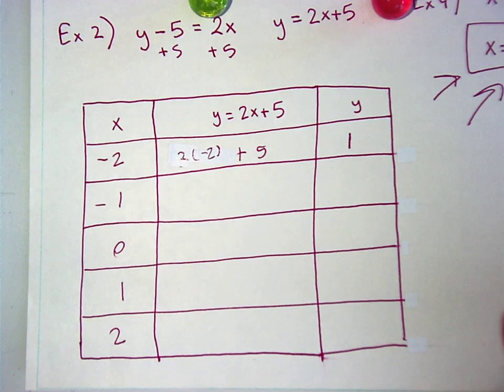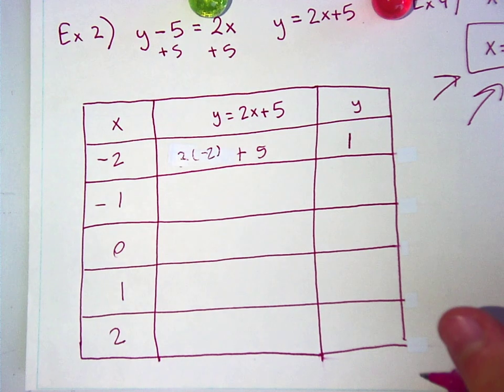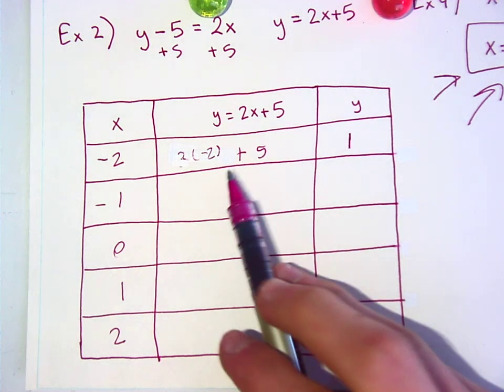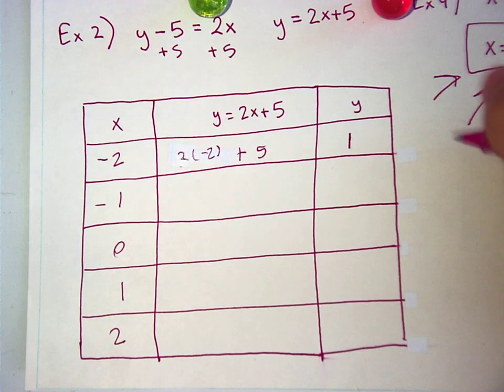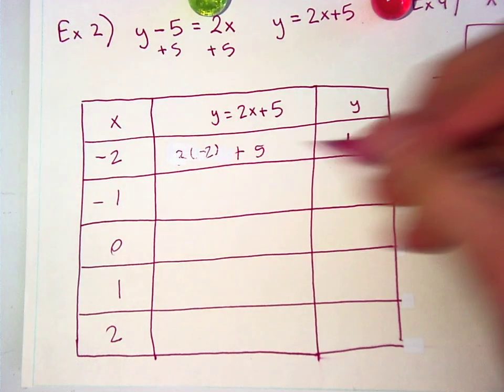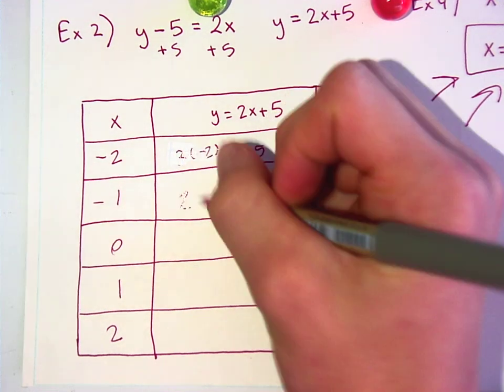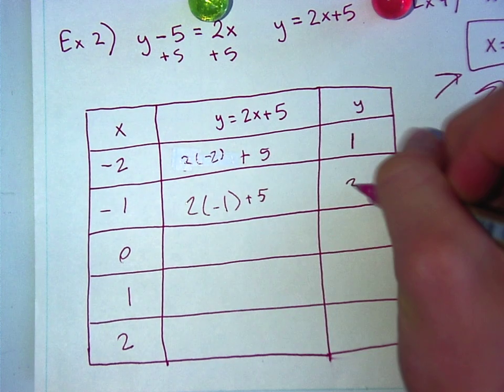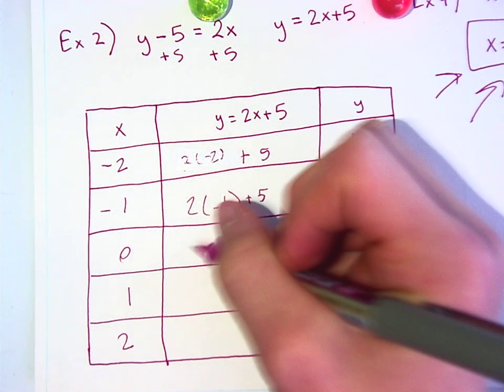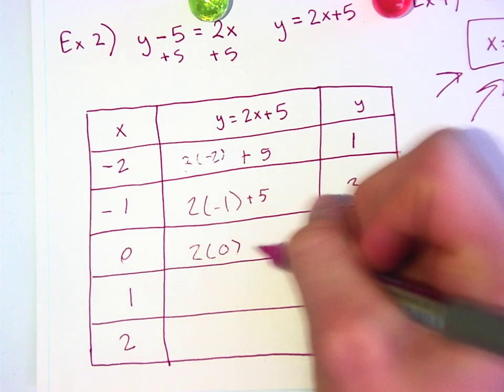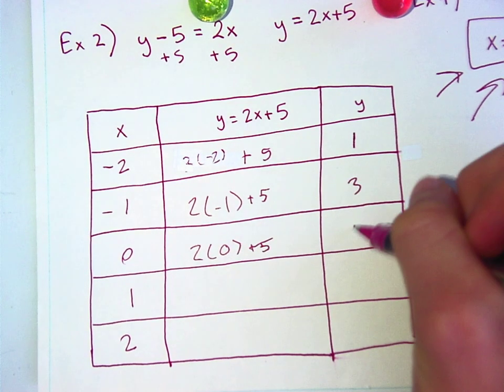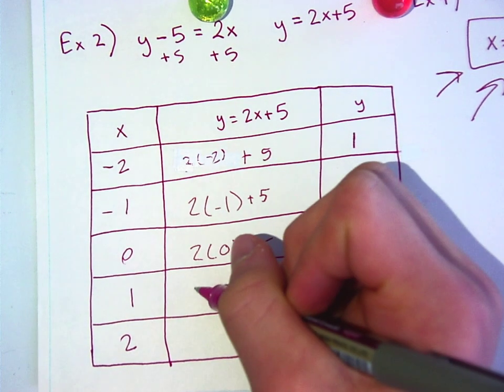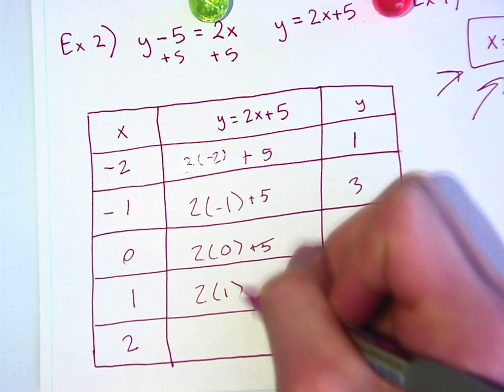Okay, so what do we leave off with? -1. Yeah, input it. 2 times -1 plus 5 equals 3. And then 0 is 2 times 0 plus 5. That's 5. 2 times 1 plus 5 is 7.